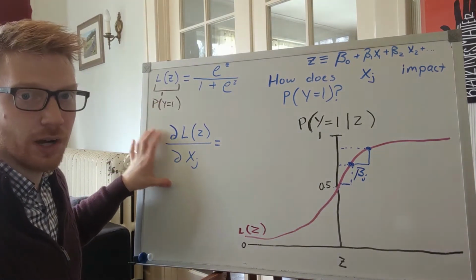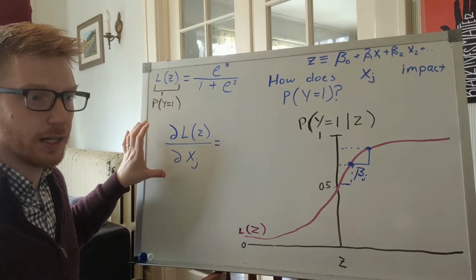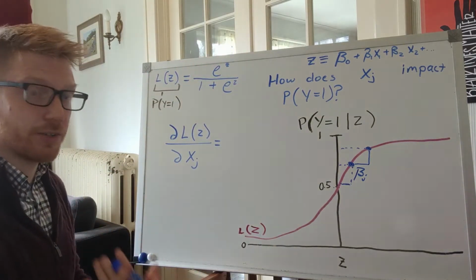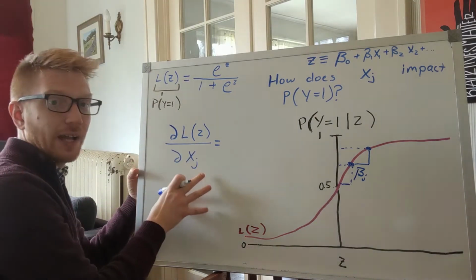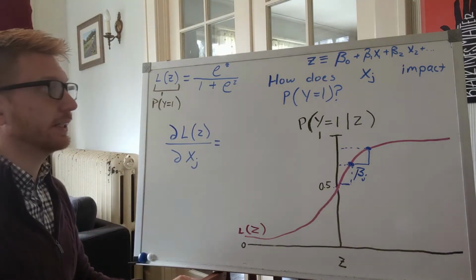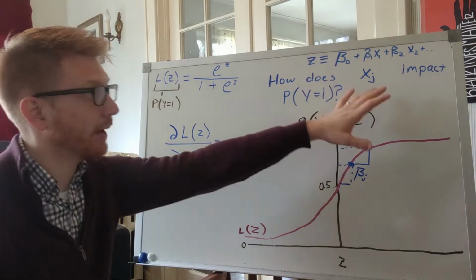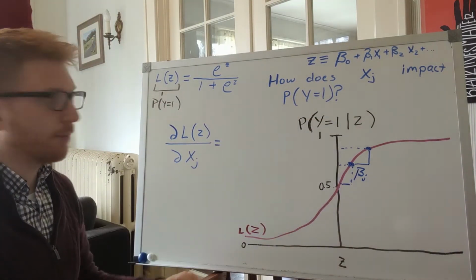You don't need to know how to take this derivative, but I want you to understand what we're looking at when we're talking about a marginal effect. We're talking about how x impacts the probability.